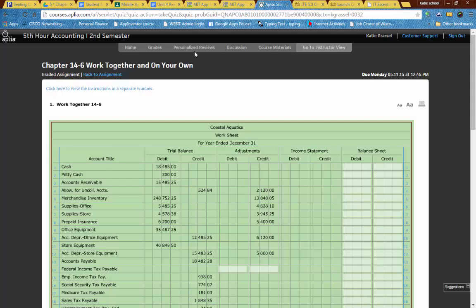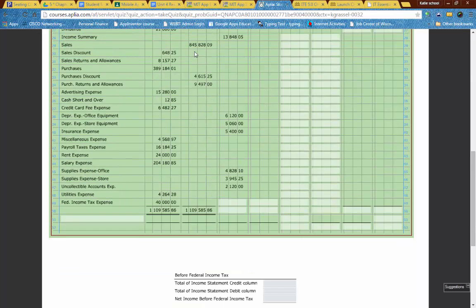The last adjustment that we need to do, you can see is highlighted here, is our federal income tax. This is the hardest part of this chapter. Here's what we have to do.